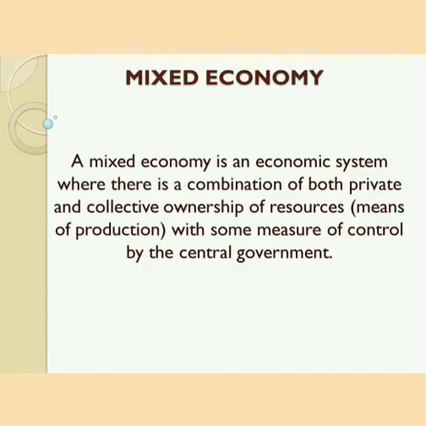A part of the economy is run by the private sector and a part of the economy is run by the government sector, which is also known as the public sector. In the private sector, the resources are owned privately, while in the government sector, there is a collective ownership of resources. So this type of economy is known as a mixed economy.